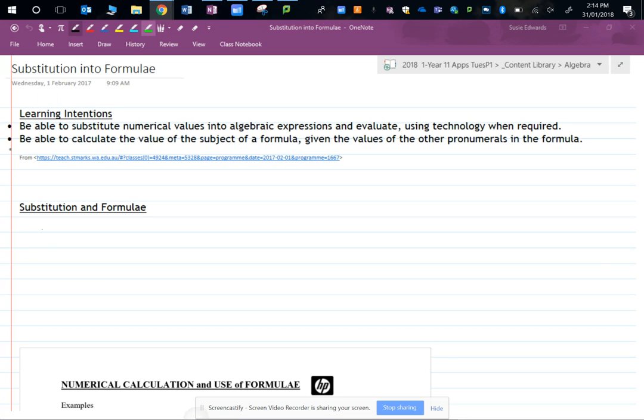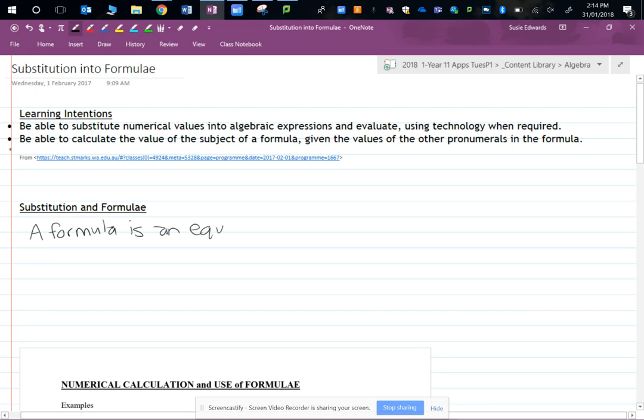A formula, if I write it, you write it. It's an equation, so we have an equal sign in it. A formula is an equation which has letters. What's another word for the letters?